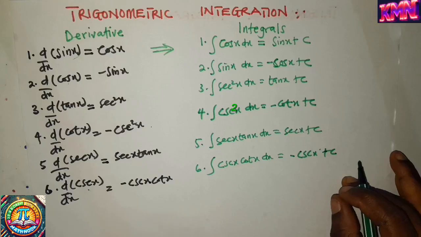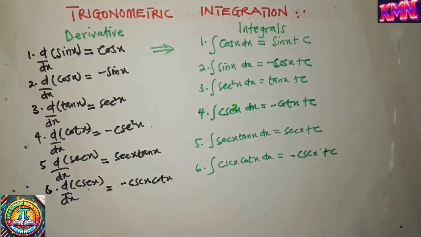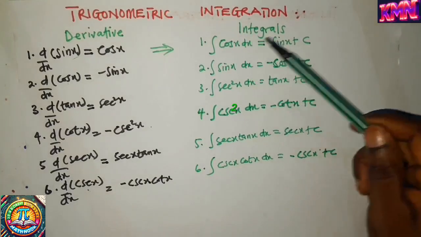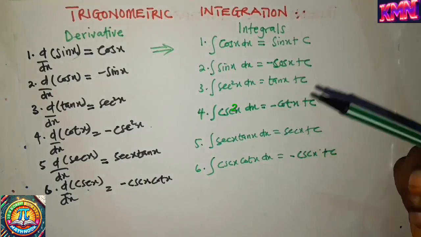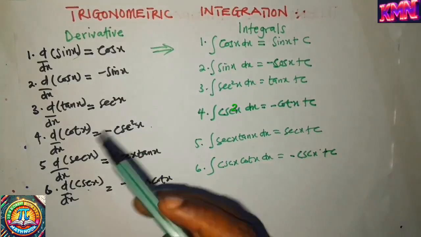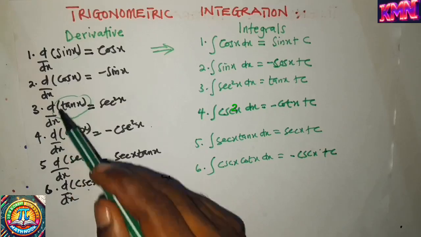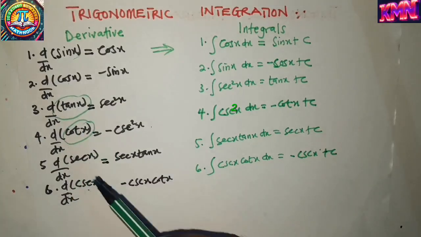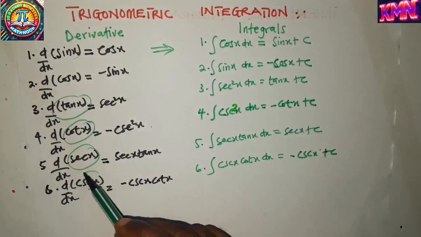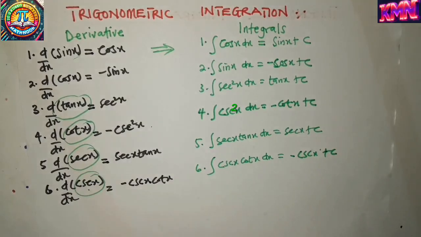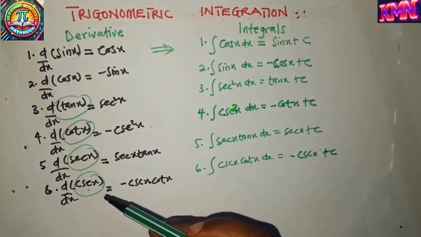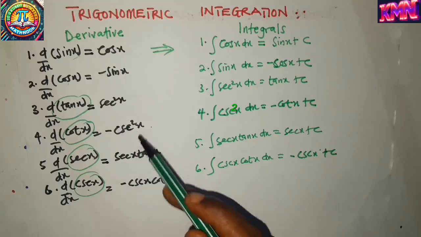So with these 6 different integrals, the reverse form of the differentiation is what gives us the integration. But there are others like tangent of x, cotangent of x, secant of x, and cosecant of x. When we integrate them, it produces a ln of whatever function we have here.